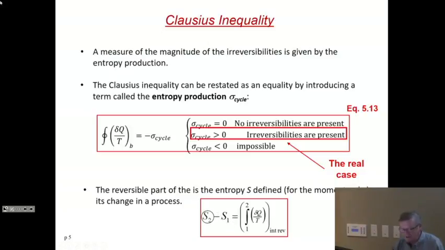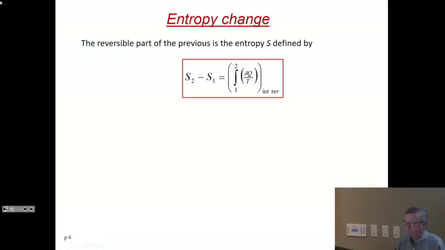For the process between 1 and 2, the integral of this dQ over T, if the system is reversible, gives you the difference between entropy in state 2 and state 1, which is what we can look up. So I repeat, the reversible part is defined by S2 minus S1 is the integral from 1 to 2 of this quantity, dQ over T.